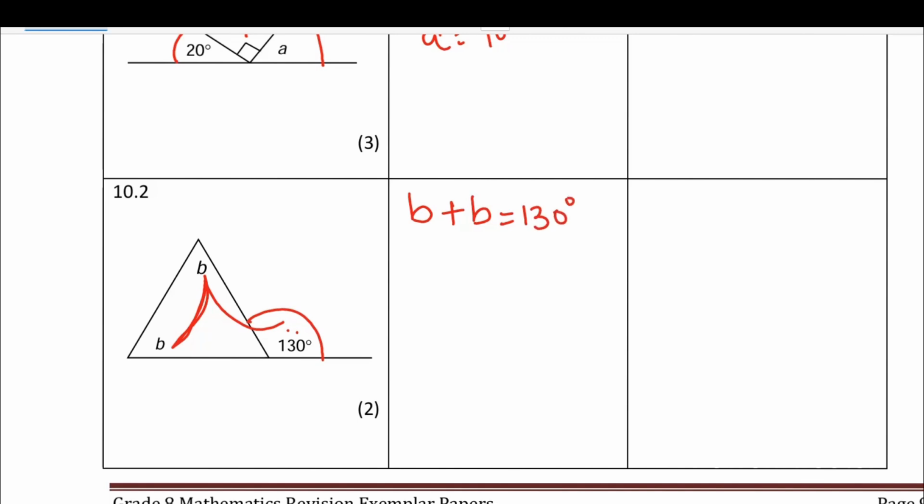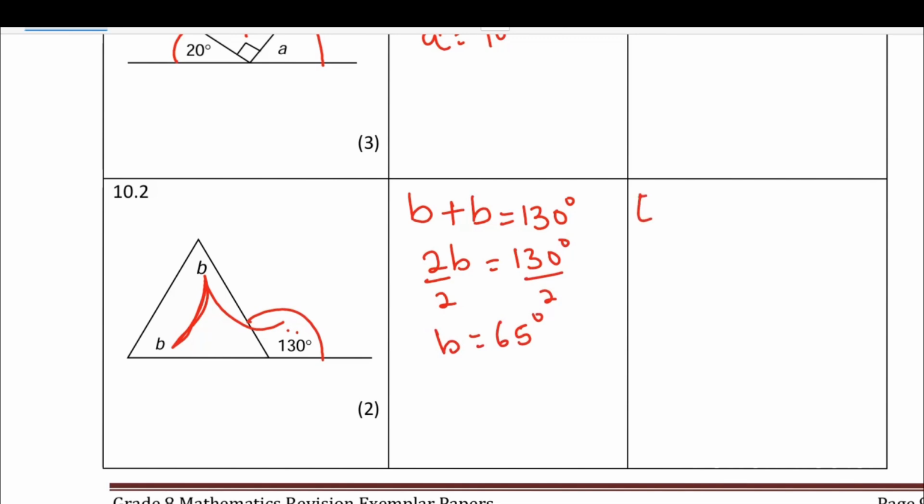And then B plus B equals 2B equals 130 degrees. What I'm going to do here is divide both sides by 2. And then B equals 65 degrees. And then what's the reason?